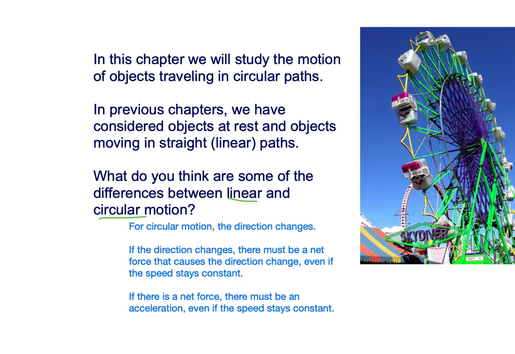Okay, this unit, we talked about objects moving in circular paths, like, for example, this car going around on the Ferris wheel. How does circular motion compare to linear motion?